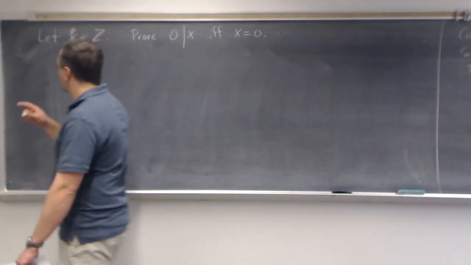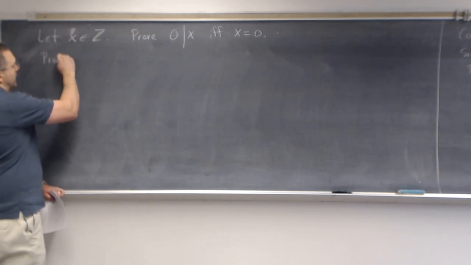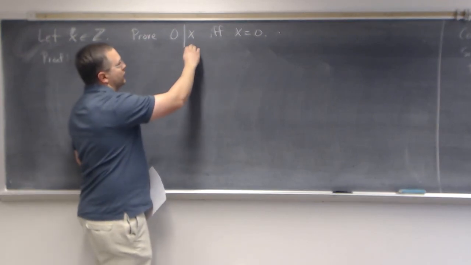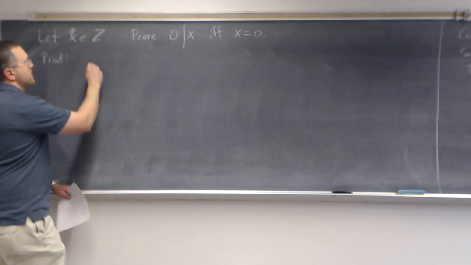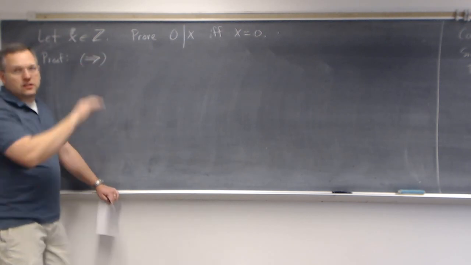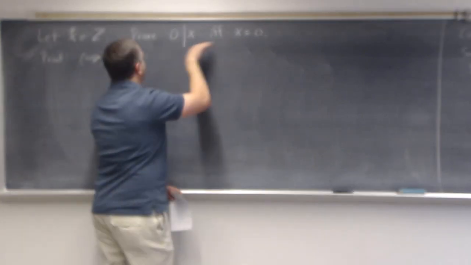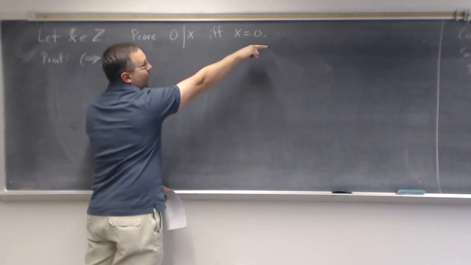So this is what Jenny was saying. Sometimes when you do these proofs, instead of saying first we'll show that 0 divides x implies x equals 0, I would put a forward arrow in parentheses. That tells the reader I'm proving this implies that.